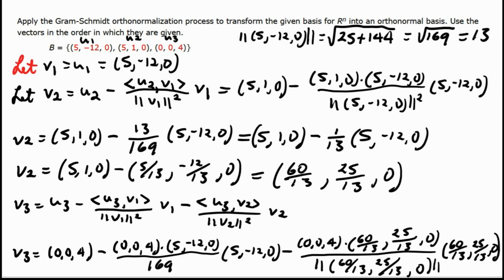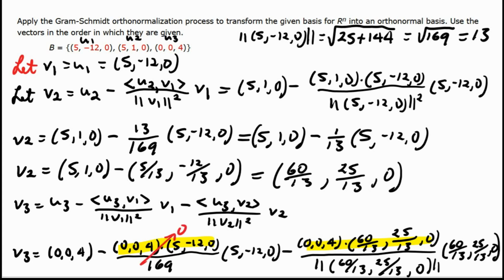Alright, so let's look at this. You take the dot product here and you take the dot product over there. The dot product for the first one is 0 times 5, 0 times negative 12 is 0, 4 times 0 is 0.